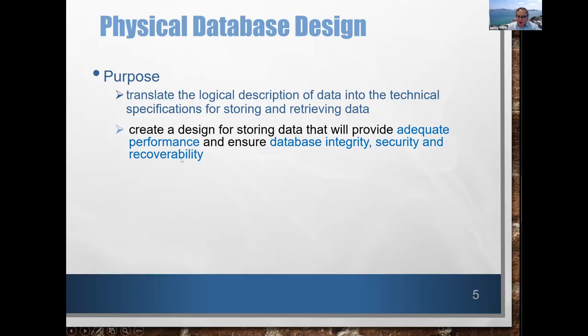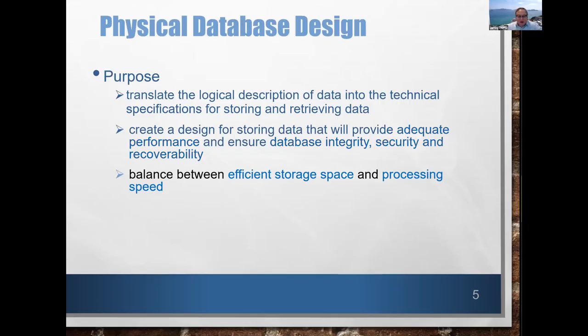In case anything happens, like the hard disk crashes, can you recover the database again from the backup? Usually the objective is a balance between two things. You want efficient storage space, that means you want to minimize duplication of data and maximize the use of storage space inside your hard disk, versus processing speed.